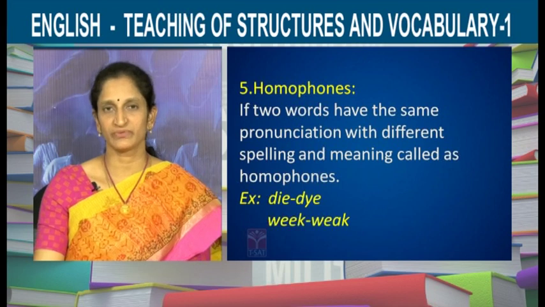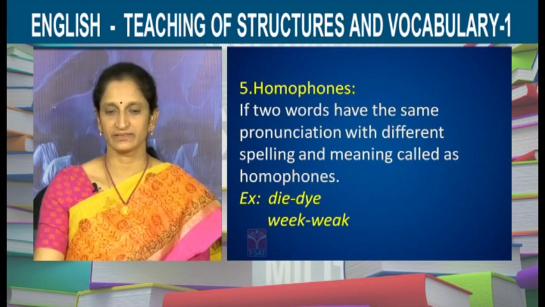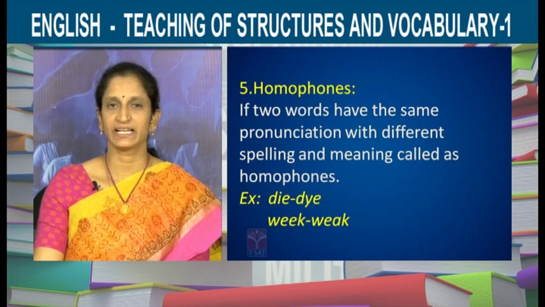So coming to an example for homophones: die, D-I-E, die means there is no life. Whereas the dye, the pronunciation is the same but the spelling is D-Y-E, dyeing the color.